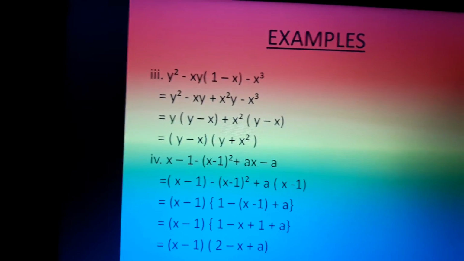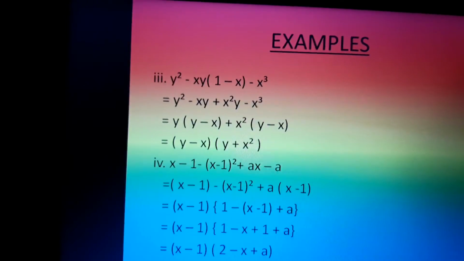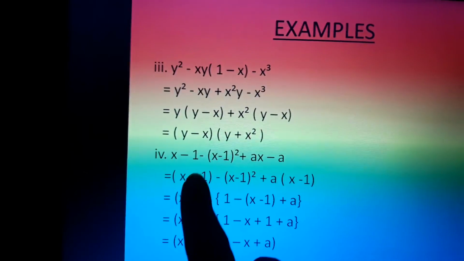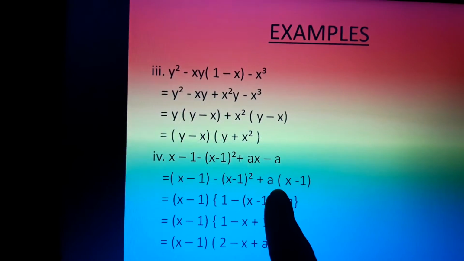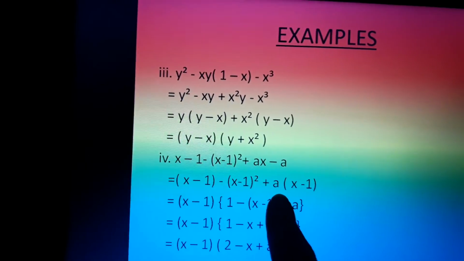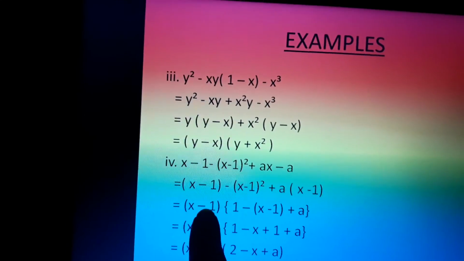Now there is one more example. See: (x minus 1) minus (x minus 1) whole square plus ax minus a. Here you see x minus 1, I have written it in bracket, minus (x minus 1) whole square plus a into (x minus 1). We have taken a common from the last two terms. Here in these three terms we have x minus 1 common.